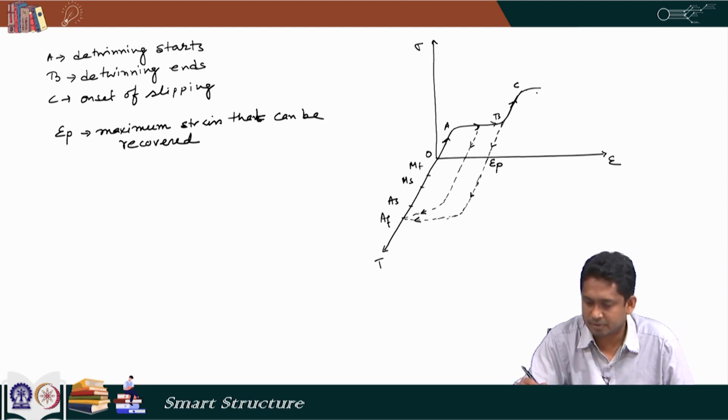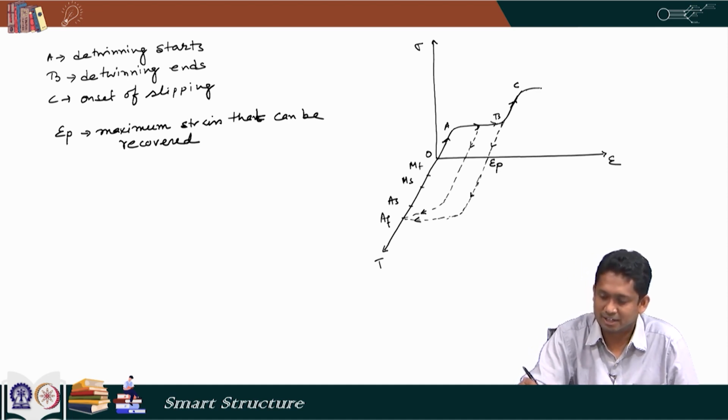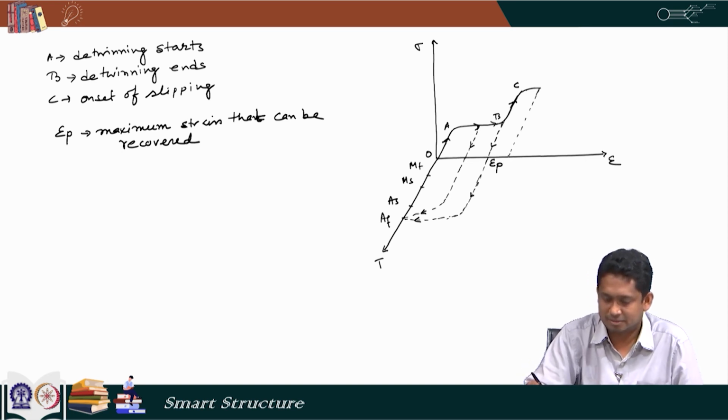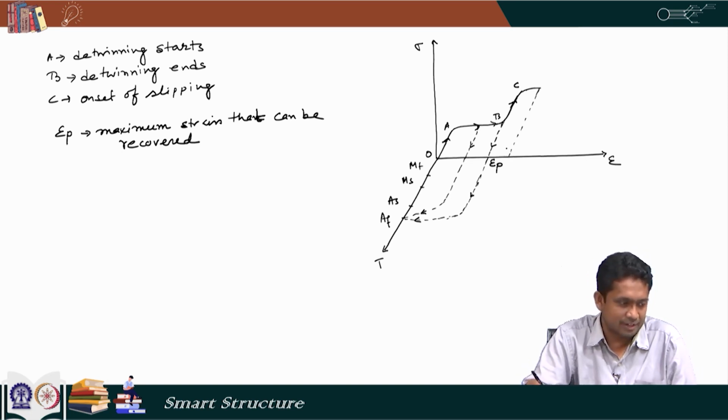Now, after slipping, if we keep loading it, after some time the material fails. Now, if we unload it from here before failing, it takes this route, and if I increase the temperature, it does not come back totally here.